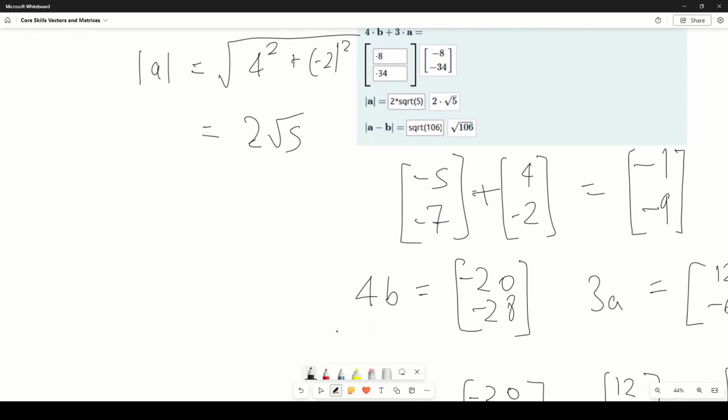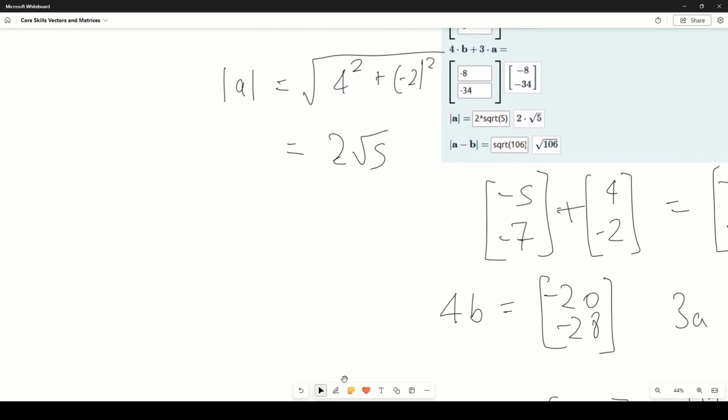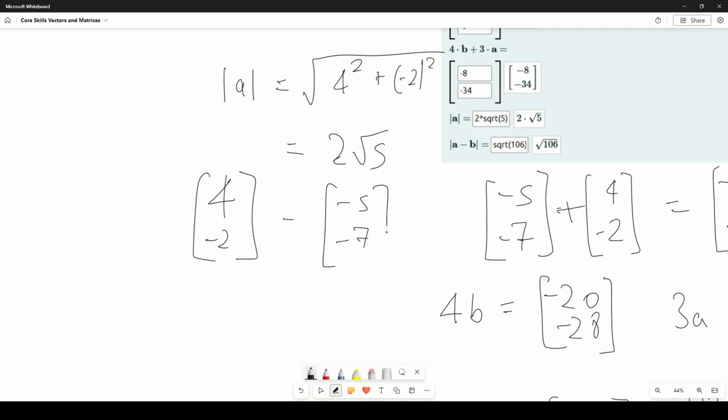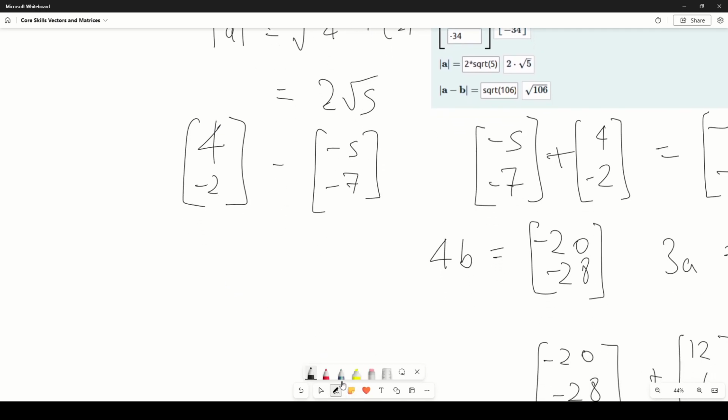And then for the magnitude of A minus B, we're going to do the same thing again. This was A minus B, and we're going to get that equals 9 and 5.